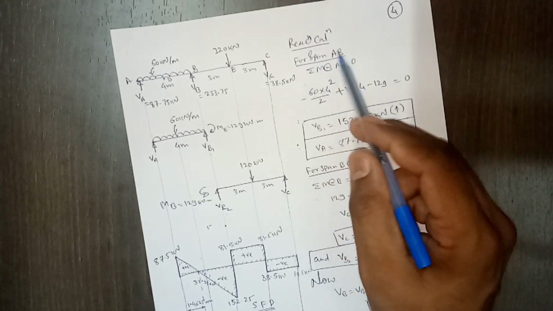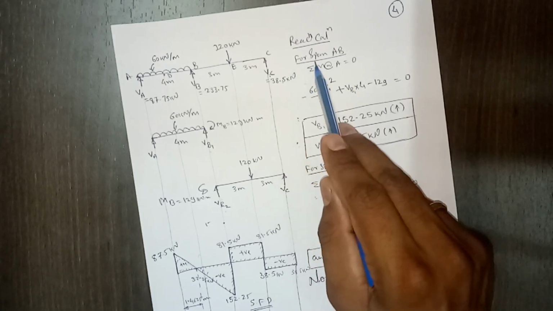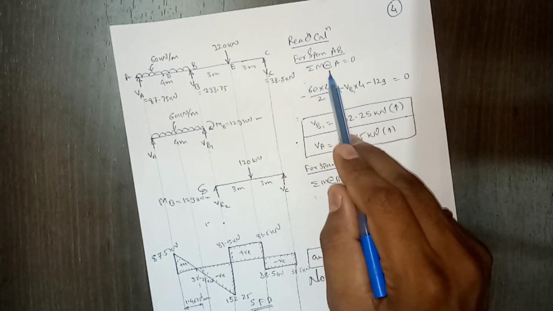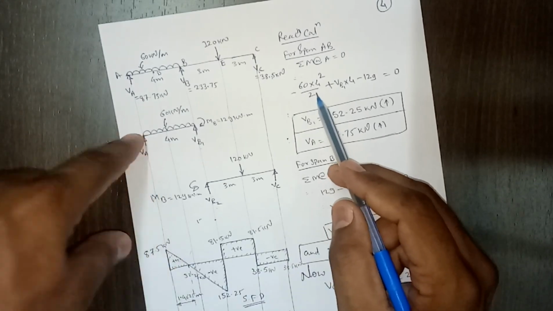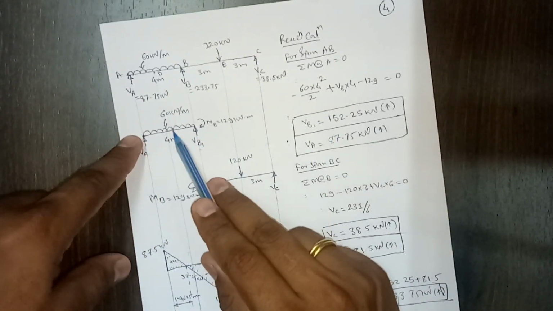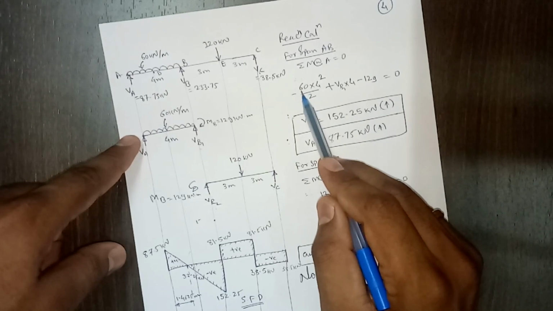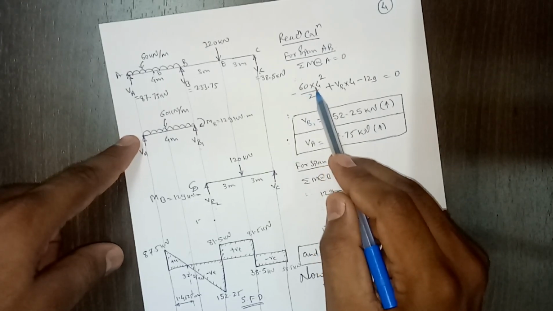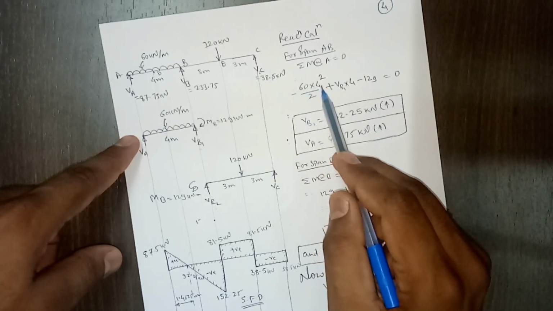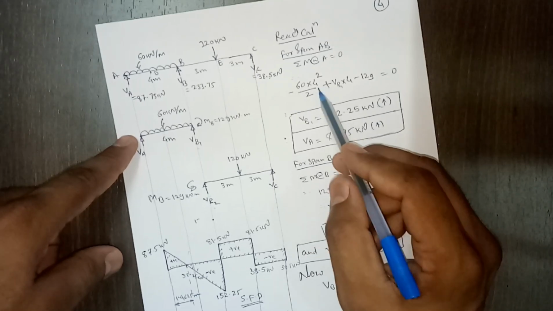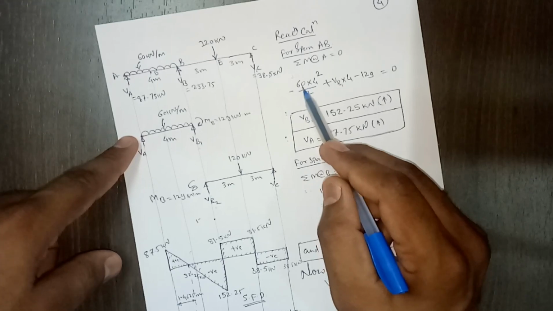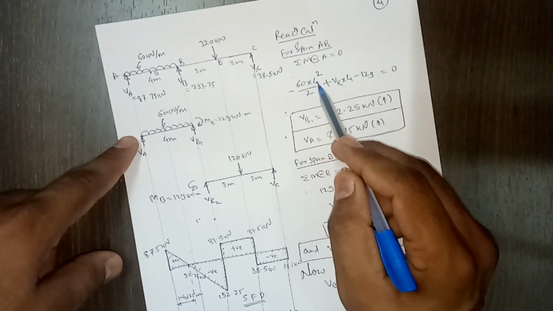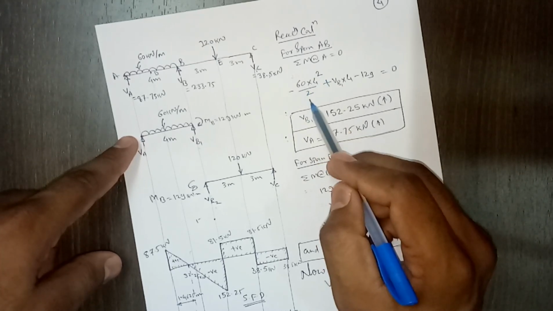So for span AB, this is the reaction calculation. For span AB, we will be taking moment about point A and equating it to 0. So moment due to this UDL will be intensity into distance multiplied by centroidal distance. The centroidal distance will be half of the span. So that's how we get 60 L raised to 2 by 2.